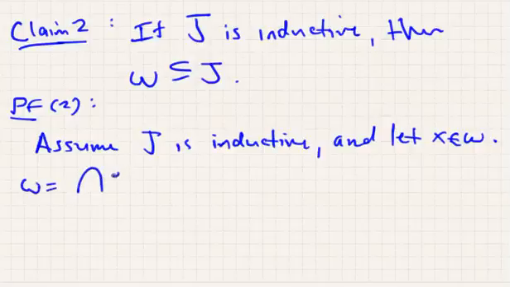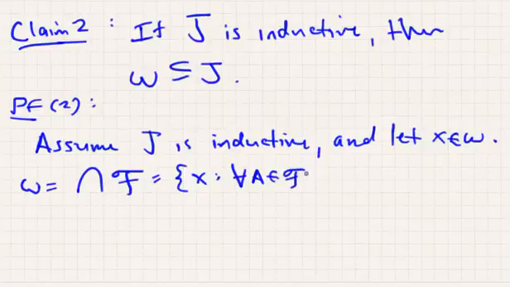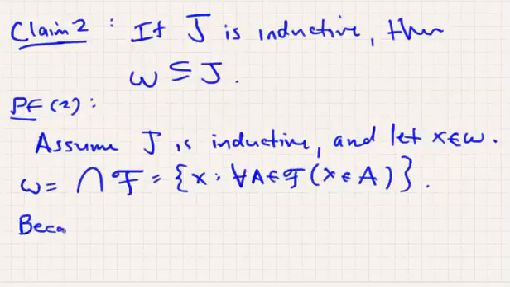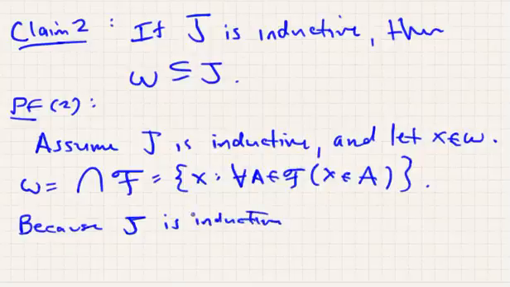Omega is again the intersection, which is the set of all x such that for all A in F, x is in A. Now, because J is inductive, and I is inductive, and I was the set that we assumed exists by the axiom of infinity, we know that J intersect I is inductive.